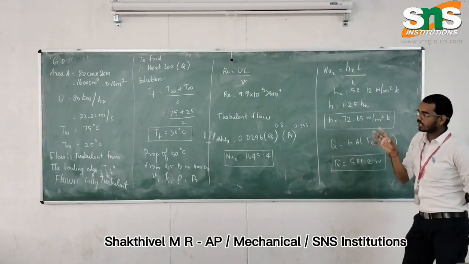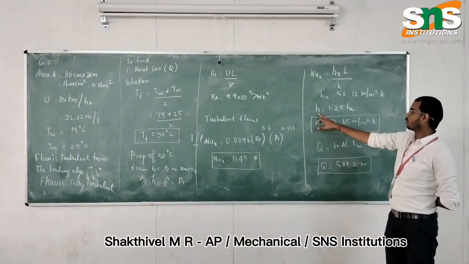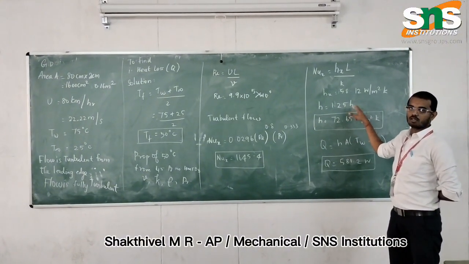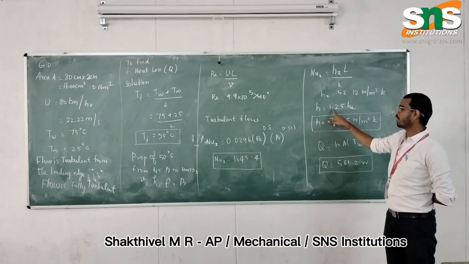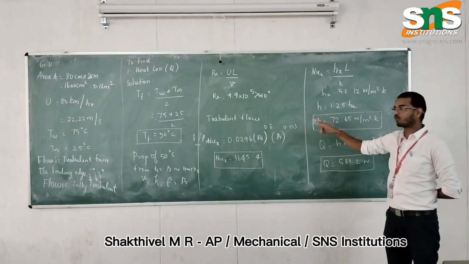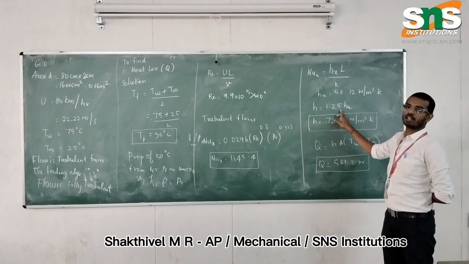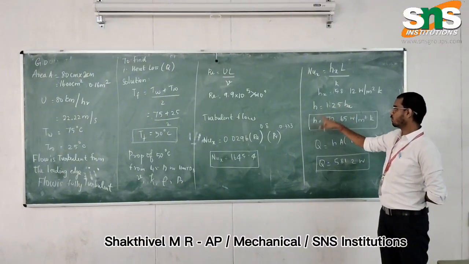If it is a laminar flow, the formula is h equal to 2 into hx. For a turbulent flow, it is 1.5 into hx. For fully turbulent flow, it is h equal to 1.25 into hx. Substitute the hx value, and we can get h.